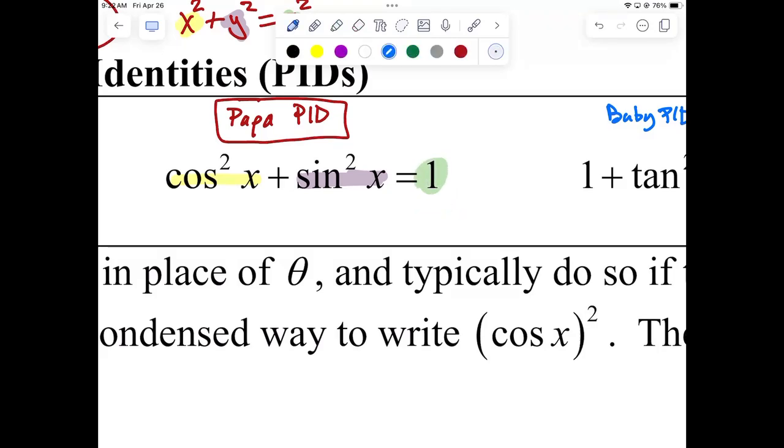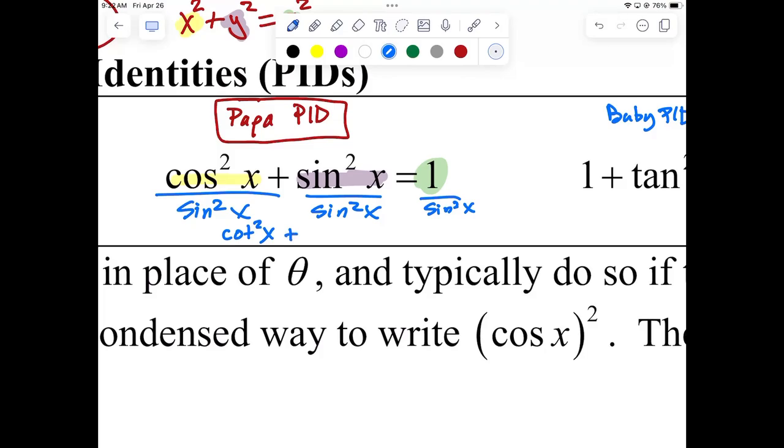Instead of dividing everything through by cosine squared, baby pid number 2 is like a fraternal twin. We divide everything through now by sine squared. What's cosine squared over sine squared by the ratio identity? Cosine over sine. Come on, people. That's cotangent squared.